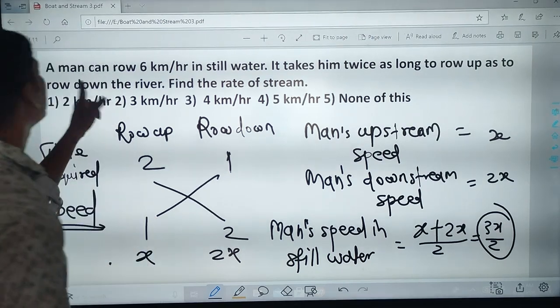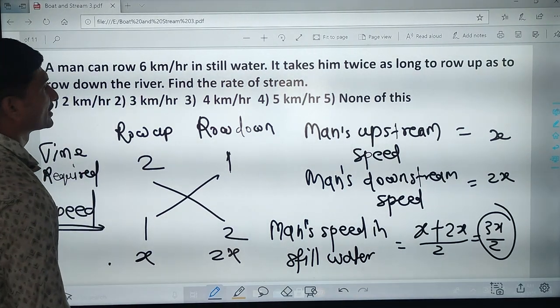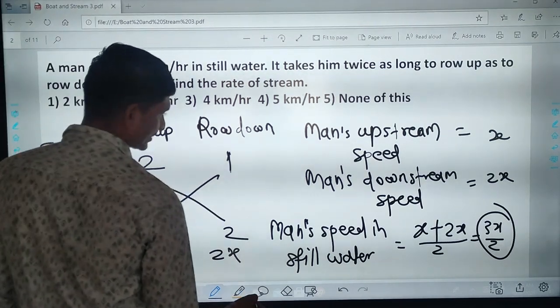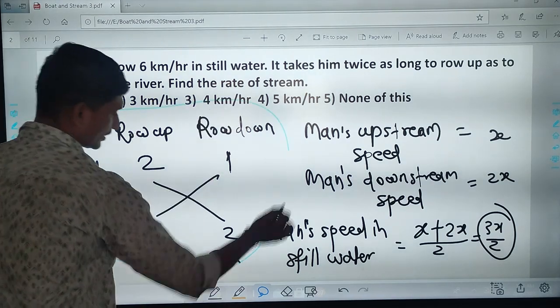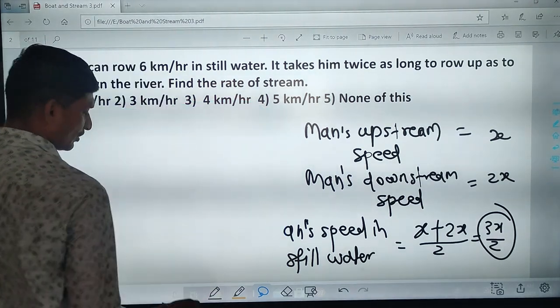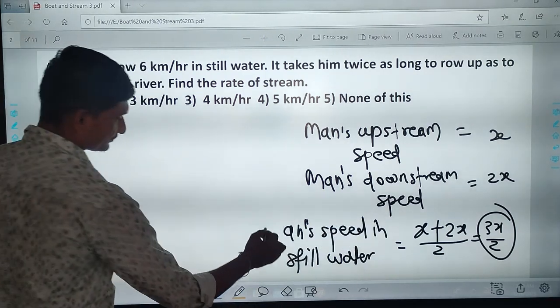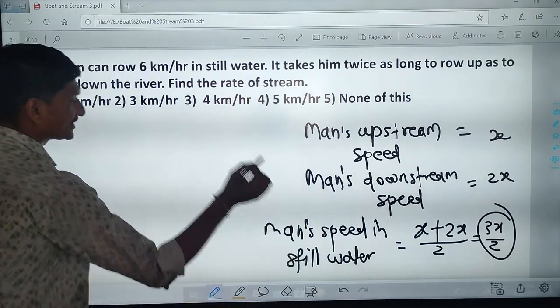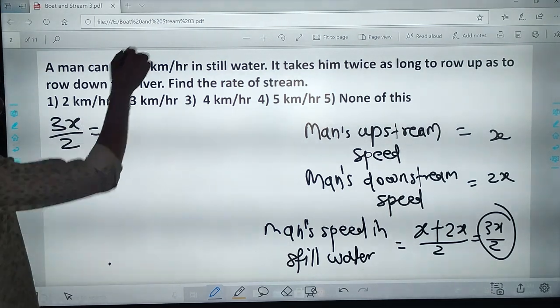Here the man's speed in still water is given as 6 km per hour. Then the man's speed in still water is 3x divided by 2, which is equal to 6 km per hour.